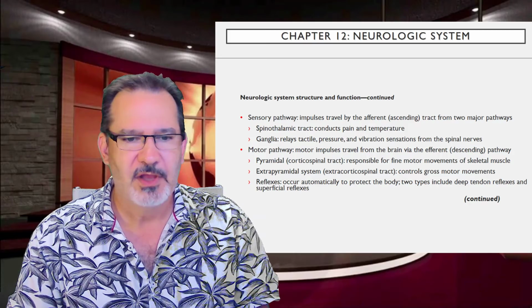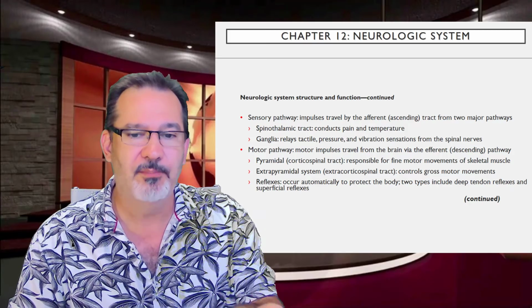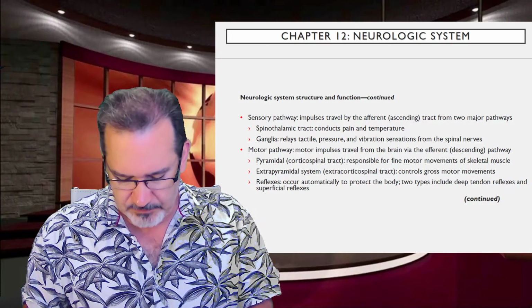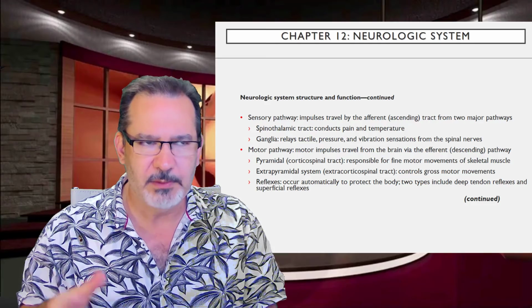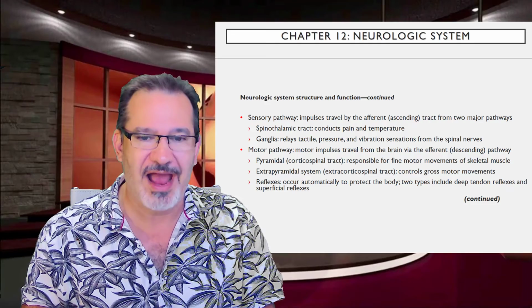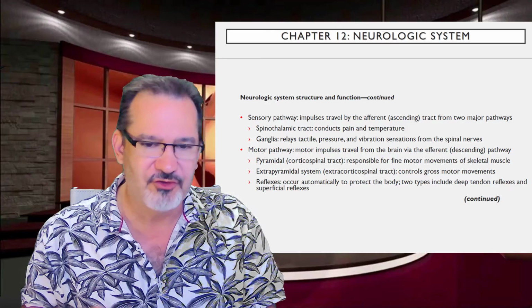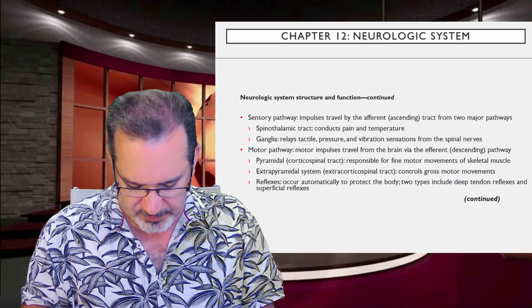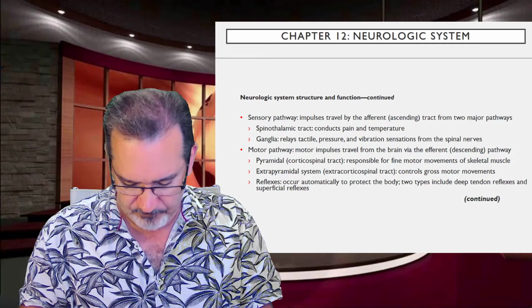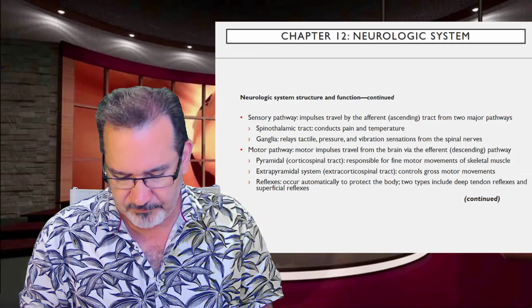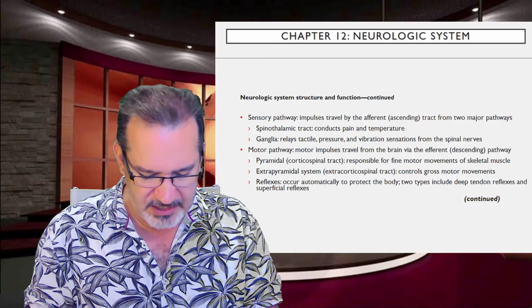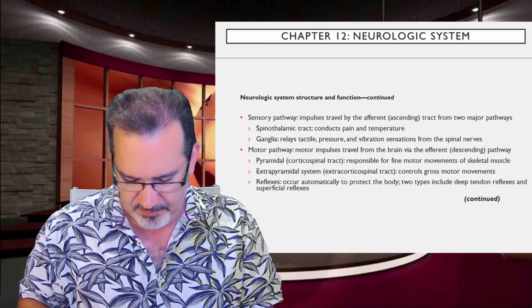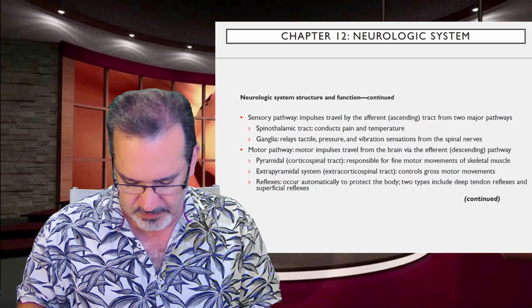Sensory pathways: impulses travel by afferent, or ascending, tracts, which are afferent nerves. There's afferent and there's efferent.